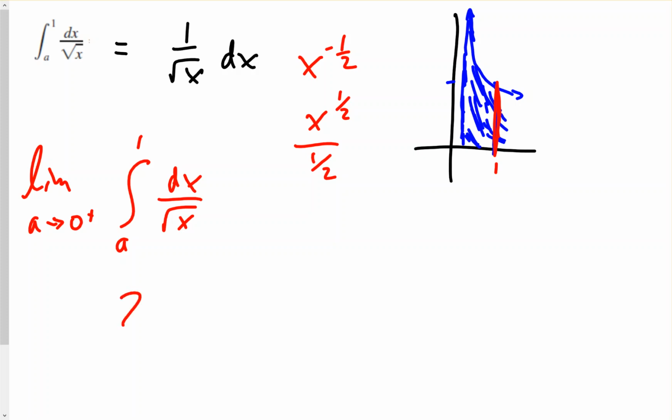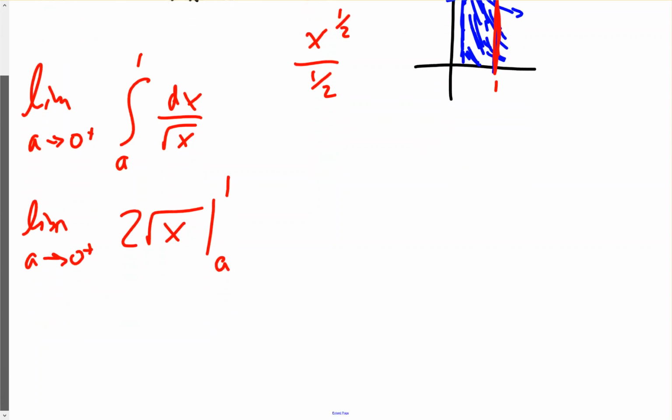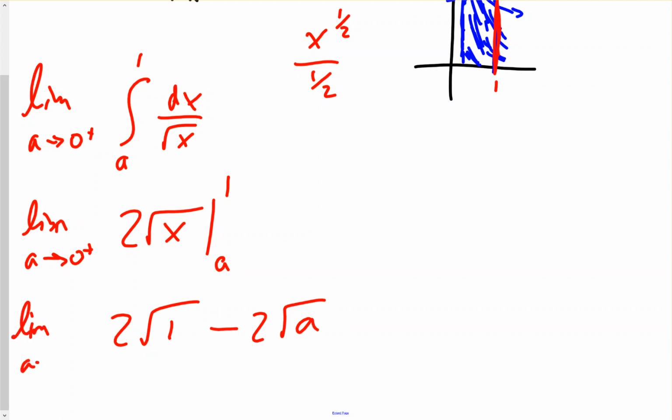So we end up with 2 square root of x, 1 to a, and then we still got limit as a approaches 0 from the right. Okay, so let's plug in. That means we have 2 square root of 1 minus 2 square root of a, limit as a approaches 0 from the right.